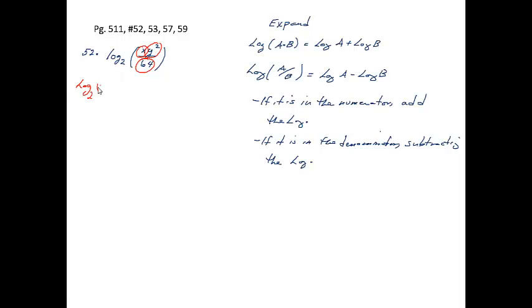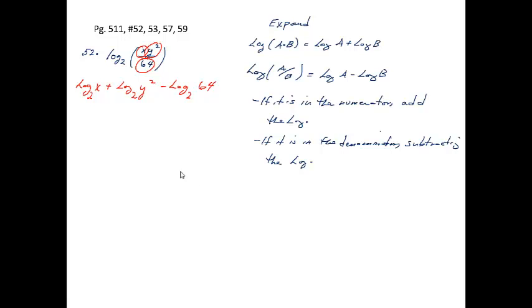Well, he's in a numerator, so this guy is positive or adding, basically. And I'm not going to put the plus sign here because the leading coefficient is 1. Y squared is also in the numerator, so I'm going to add another log base 2 of y squared. And 64, he is in the denominator, so I'm going to subtract log base 2 of 64.